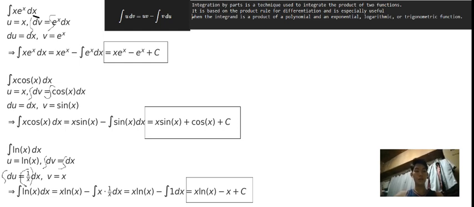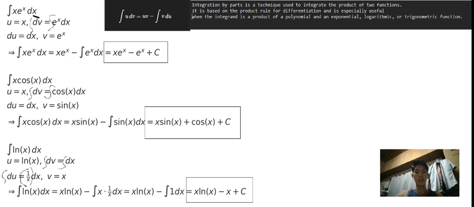The first thing we need to do is find u, which is ln x, and du is equal to 1 over x dx. Next would be our dv, which is dx, and the integral of dv, dx, would give v equal to x.